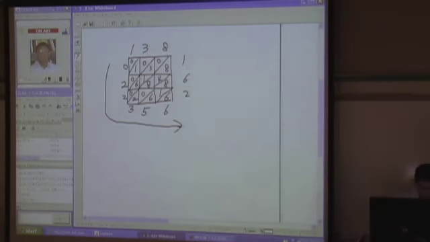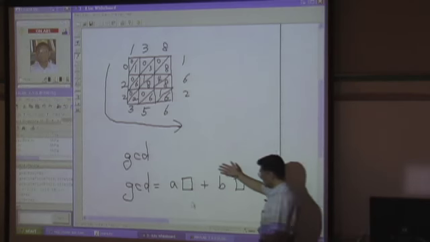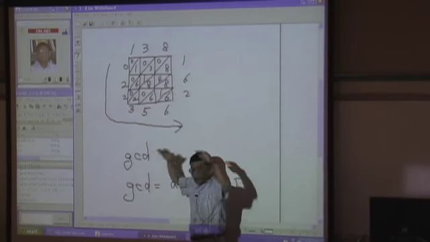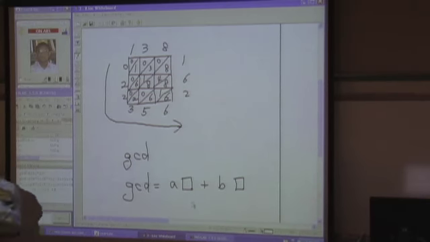So let's summarize. How to find the GCD was covered, and then how to represent the GCD in a mathematical expression, right? So we found we could handle these things just by one simple algorithm, the Euclidean algorithm stacked downward, right?